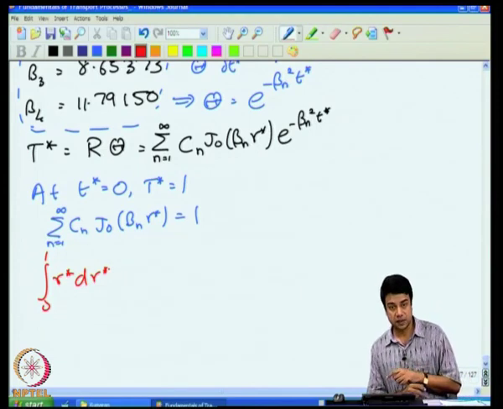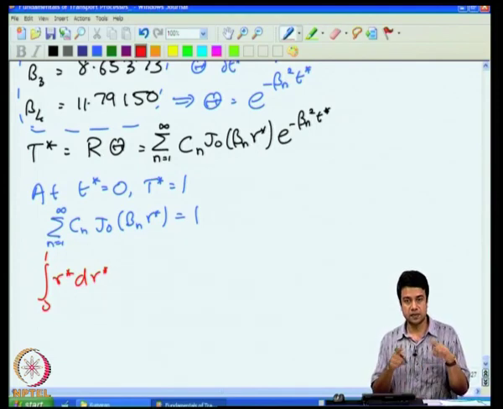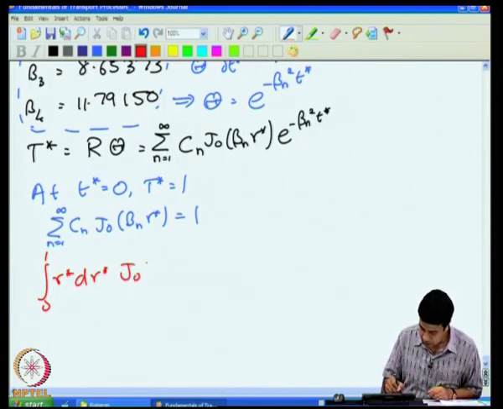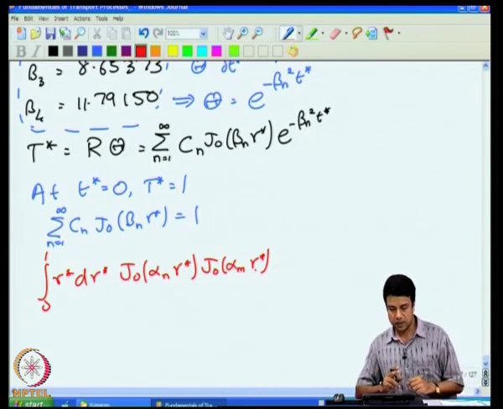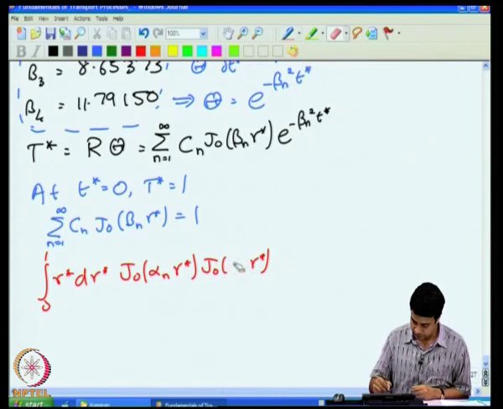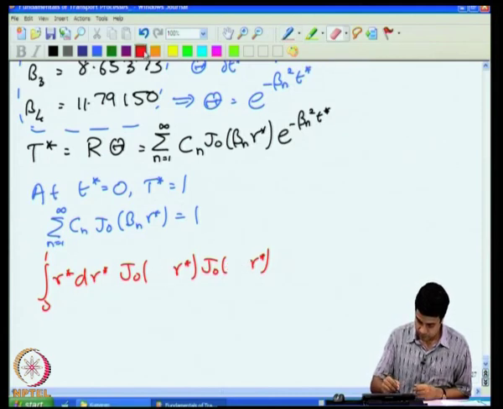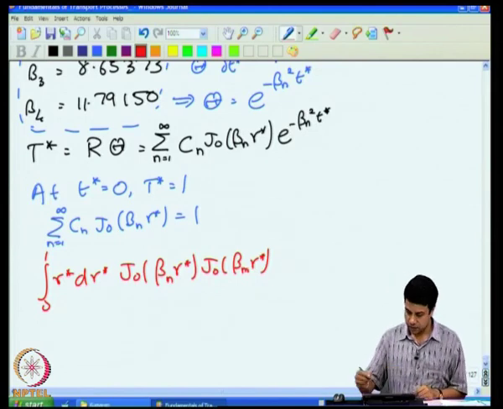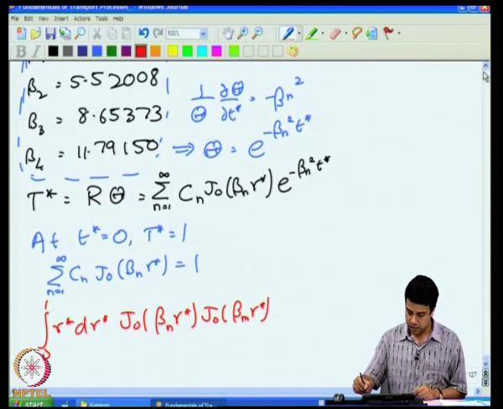So, this r times dr is because the cylindrical surface element is r times dr, times J naught of beta n r star, J naught of beta m times r star, where beta n and beta m are two members of this discrete list of solutions.